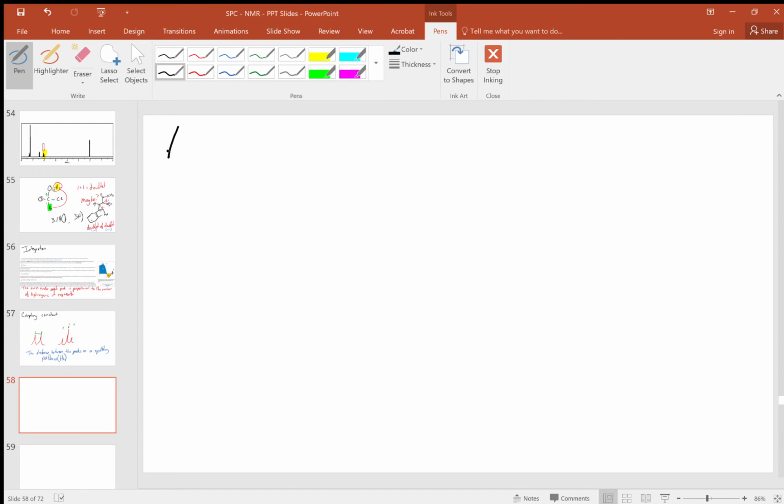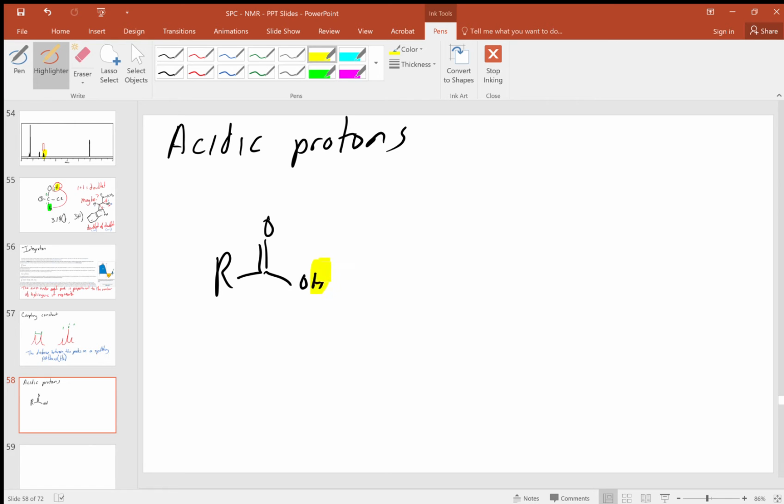The final piece I want to talk about before we start looking at more spectra are acidic protons. So carboxylic acids: when we started this section on proton NMR, we said this proton in a carboxylic acid is very diagnostic because it shows up at 11, 12, 13 ppm.